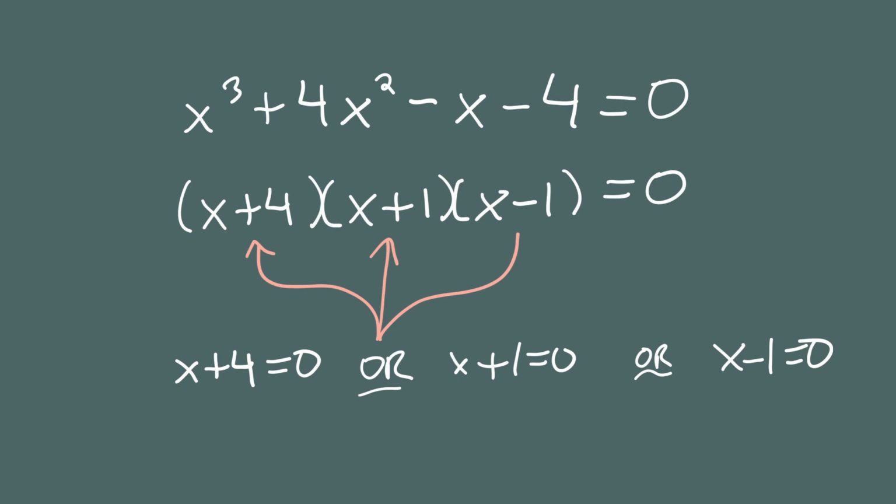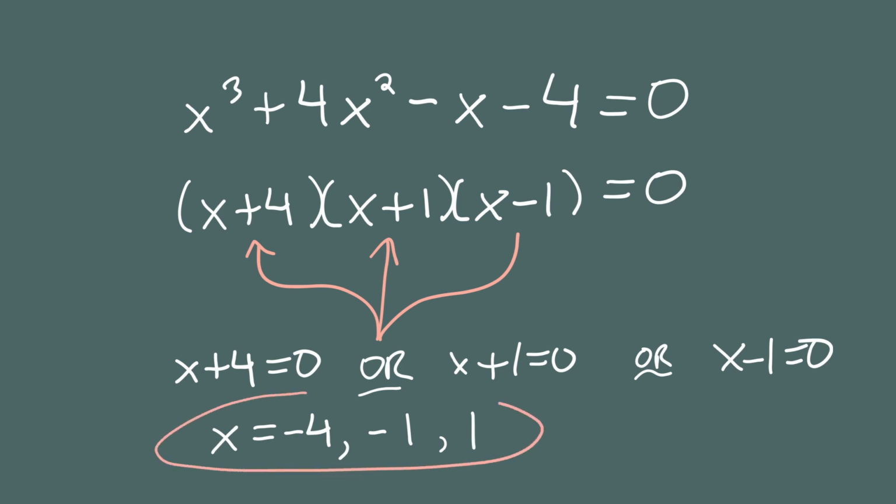If we solve these three linear equations, we'll get the three answers to the equation. x will either be -4, or x can be -1, or x can be positive 1. So by factoring the polynomial and using the fact that if a product is 0, one of the terms is 0, we were able to find the three solutions to this equation.